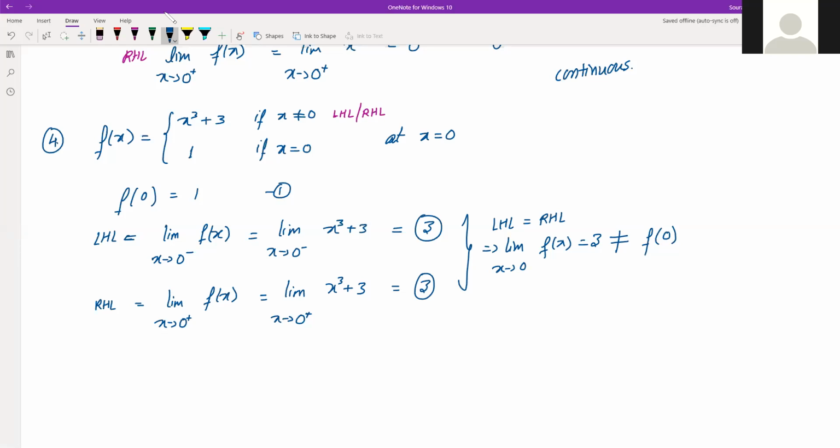So this is discontinuous. That was an example of a discontinuous function, and how we find whether a function is discontinuous or not.